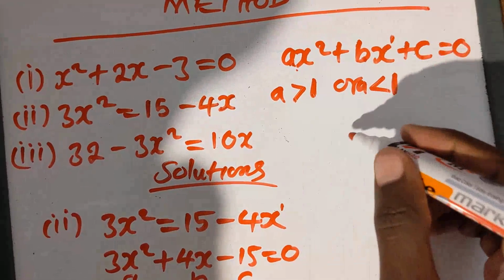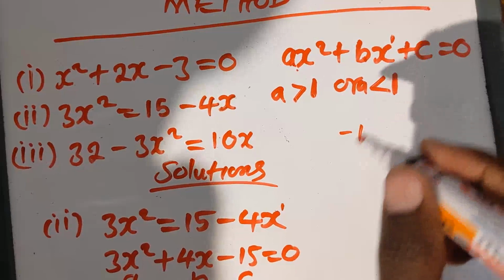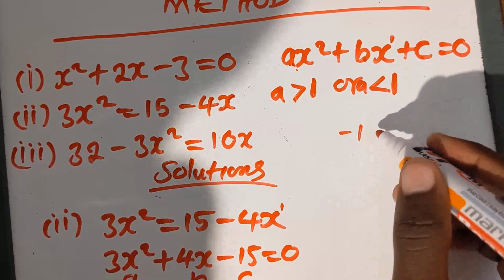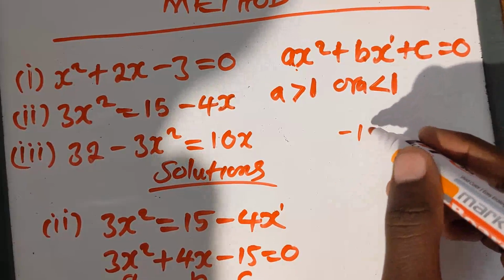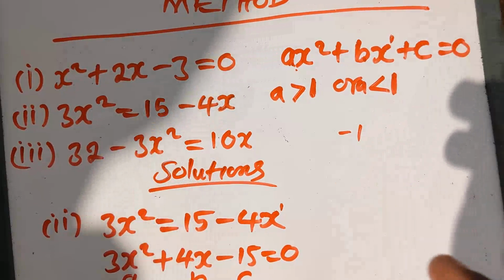And less than 1, meaning that it is negative 1, starting from negative 1, negative 4, negative 2, negative, like that.